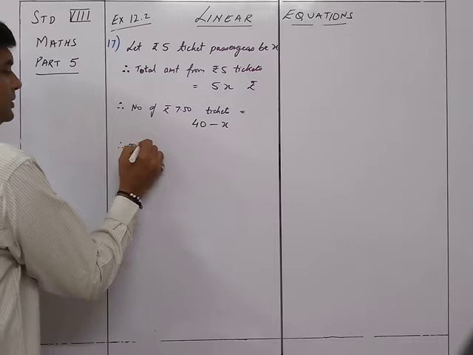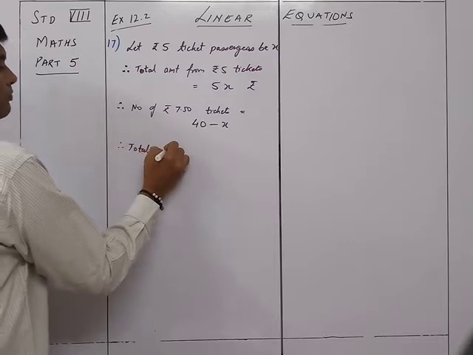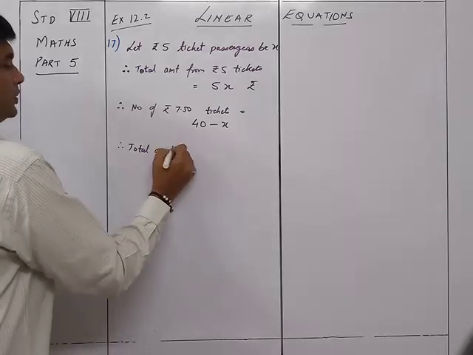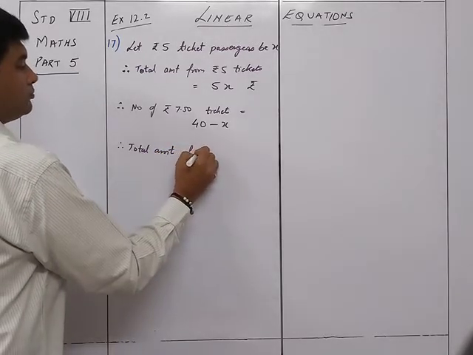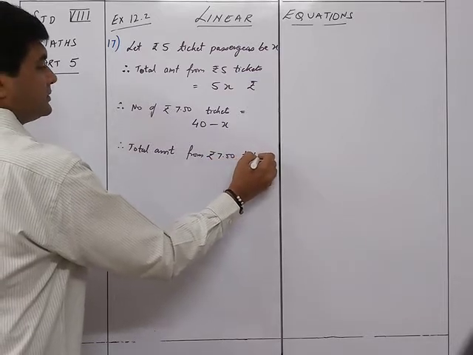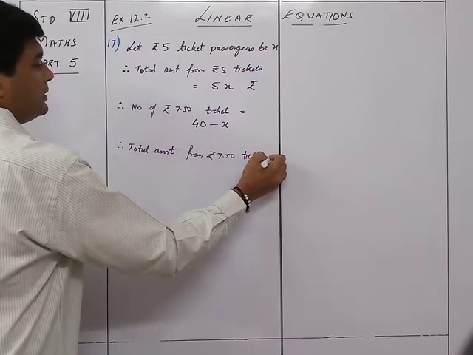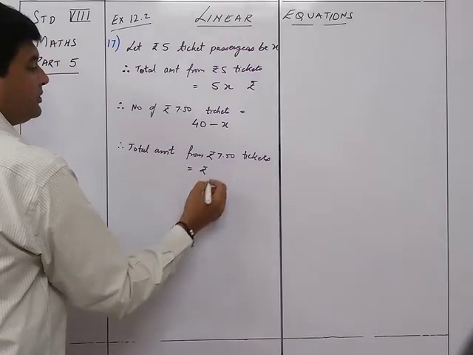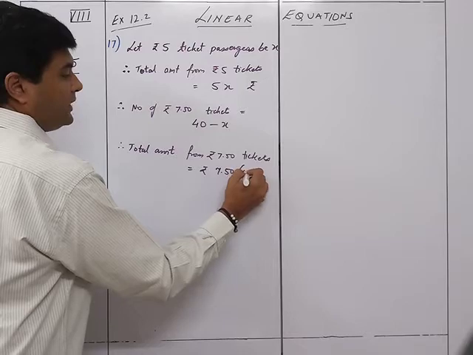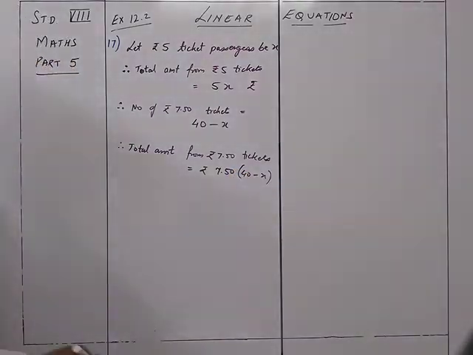Therefore, total amount from rupees 7.50 tickets is equals to rupees 7.50 into 40 minus x.